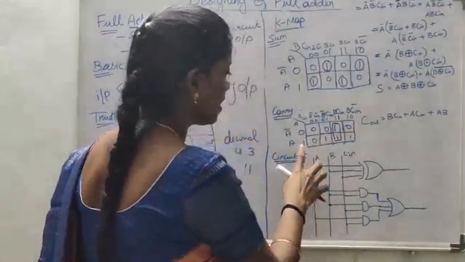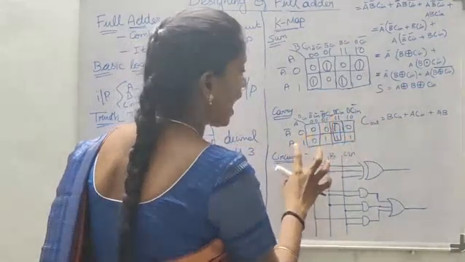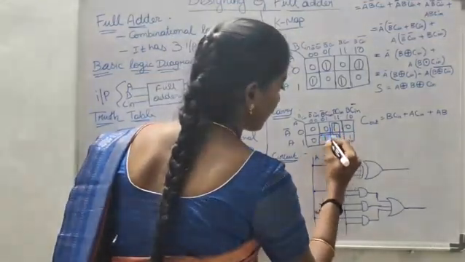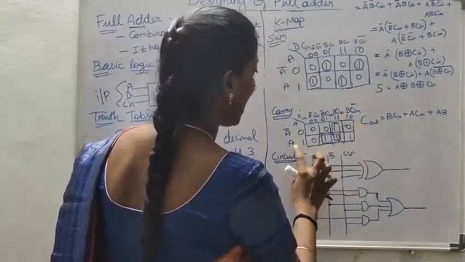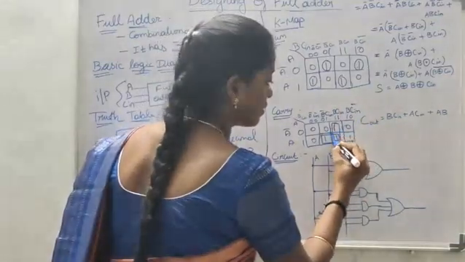And then pair A, B bar C in and A, B C in. And A, B C in and A, B C in bar is another pair.